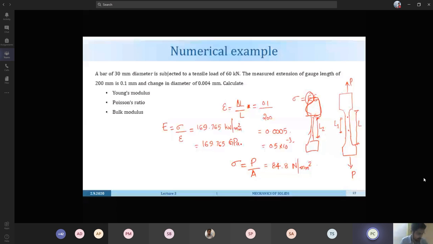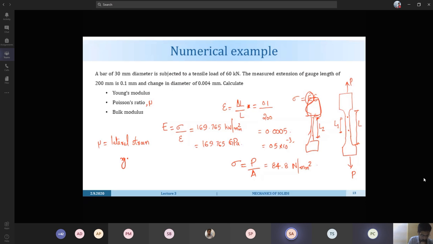Okay. And what will be the Poisson ratio here? Poisson ratio 0.266. So can you tell me how you calculated? Sir, it is delta D by D divided by delta L by L. That means lateral strain by longitudinal strain. Lateral strain will be change in diameter by original diameter.